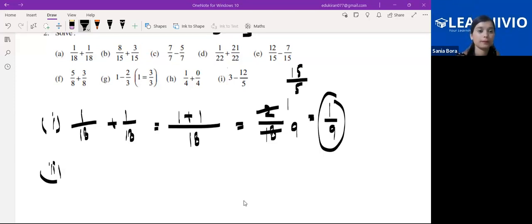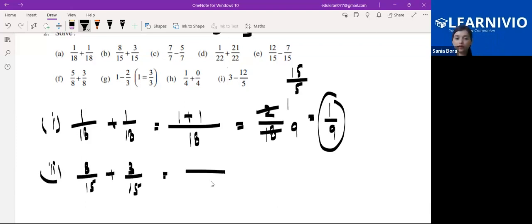Ma'am, what is the answer for the B1? Can you repeat? It's 11 by 15. I'll do it here. Have a look. Okay, those who joined late, how do we solve this? 8 by 15 plus 3 by 15. Yes? Yes, ma'am. Everybody? Yes, ma'am. So now the denominators are same.